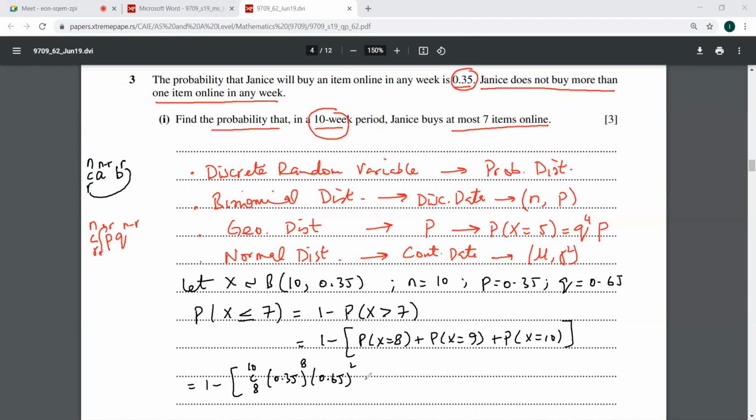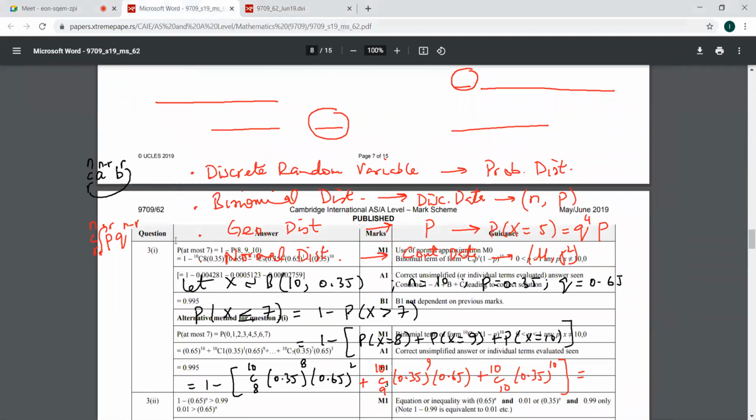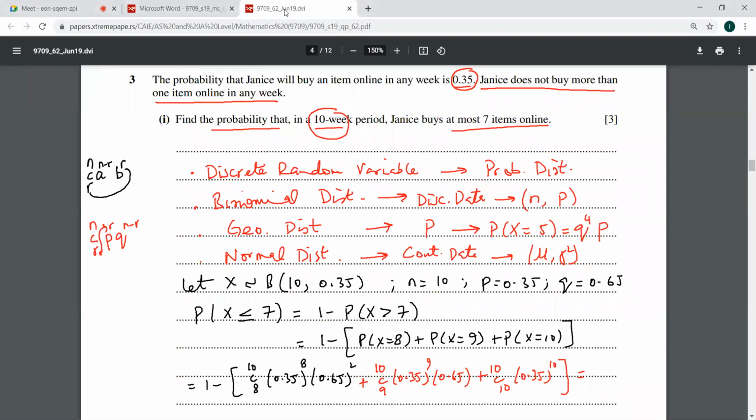Okay, anyhow, so this is going to be plus 10C9. This is 0.35 raised to power 9. This is 0.65 raised to power 1. And then you have 10C10. This is 0.35 raised to power 10, and that raised to power 0. I'm not writing that. So if you simplify this, let me copy down the answer from here. That will be 0.995. Okay, this should be equal to 0.995, correct to three significant figures.